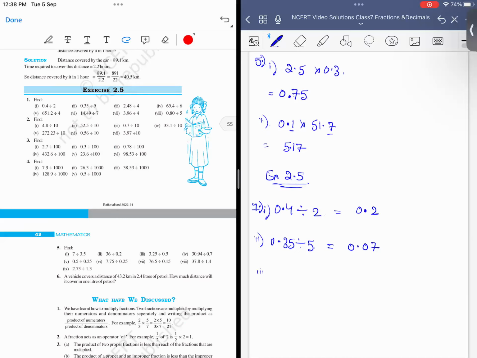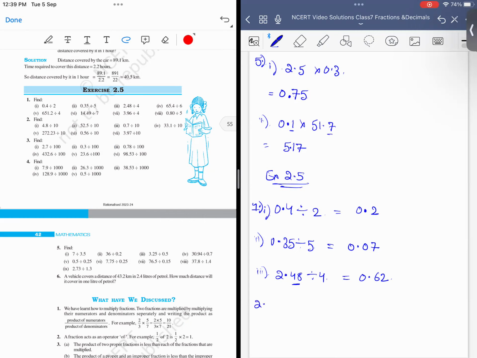Next, third one, 2.48 divided by 4. Again, divide 248 by 4 first. 248 divided by 4 is 62. Since the decimal point is after 2 places, we put 2 decimal places, 0.62. Likewise, the remaining you can do on your own.